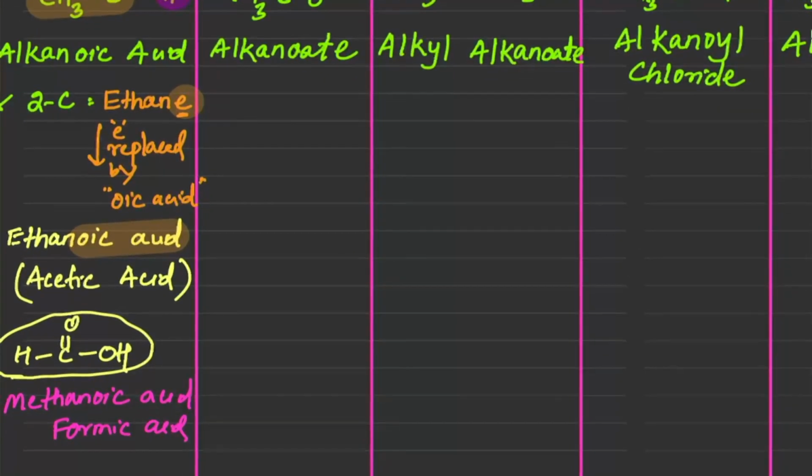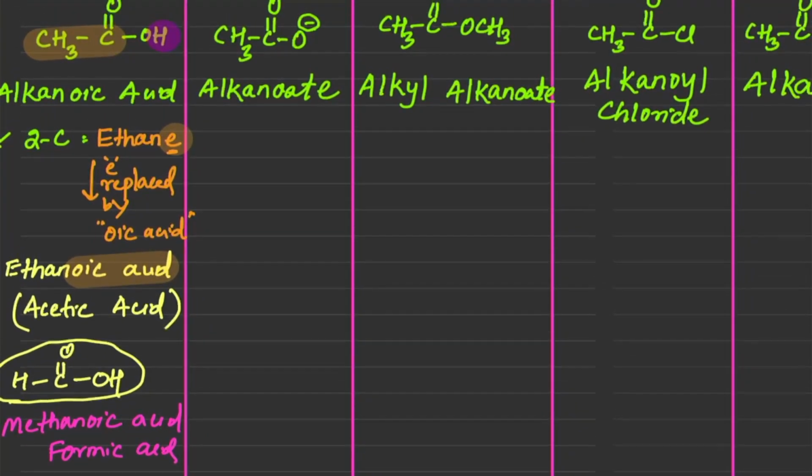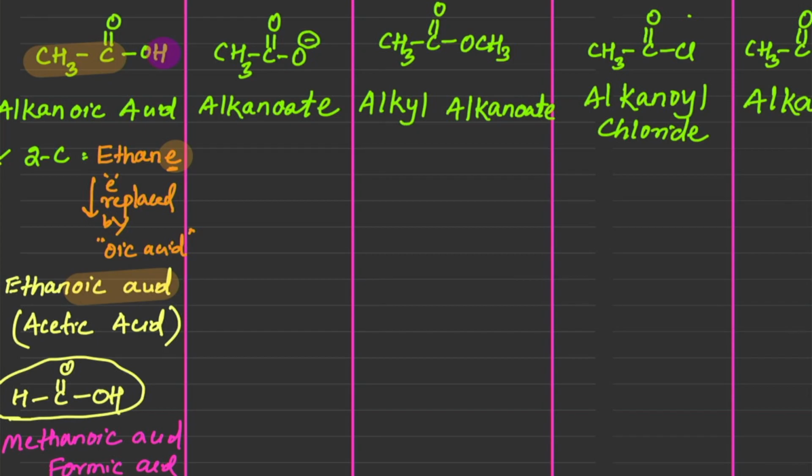So again, if we go back to our convention, here you follow the same pattern. Find the longest chain containing the carbon chain and the functional group. In this case, it's going to be 2 carbon atoms, right? You can start with ethanoic acid.